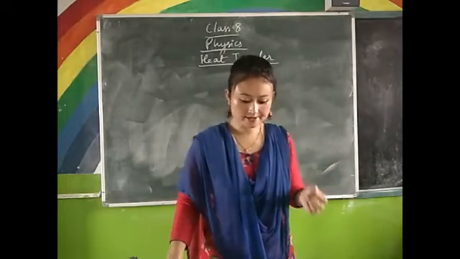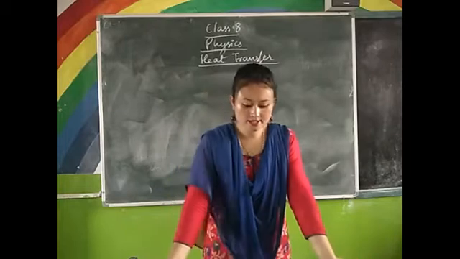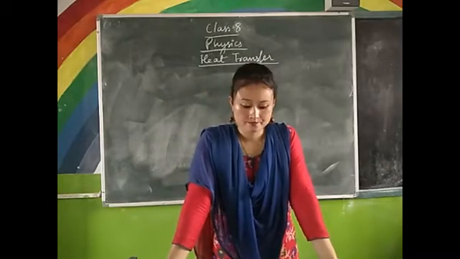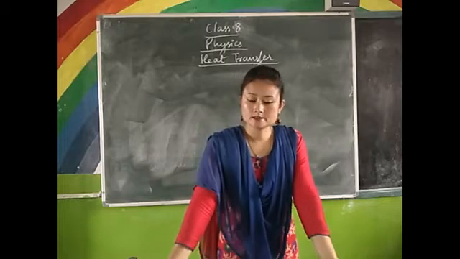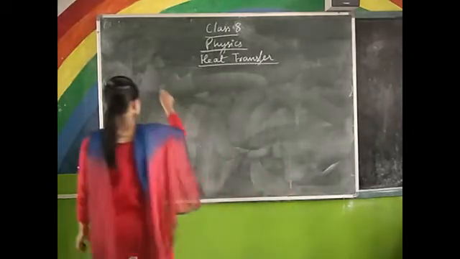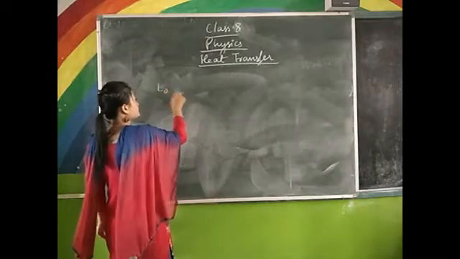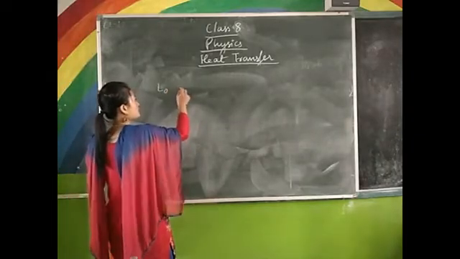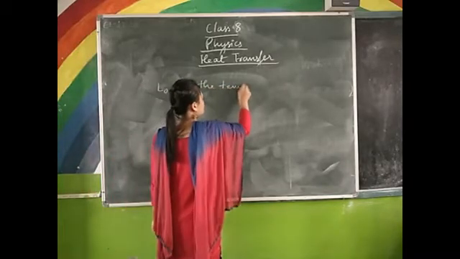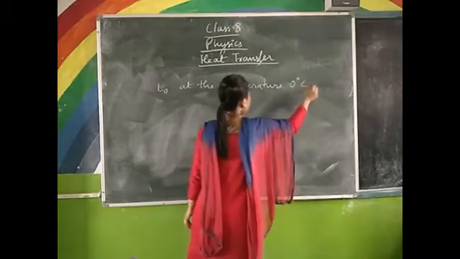Now another one is the mathematical expression to find the linear expansion. And for the mathematical expression, what do we have? Say L0 is the length of the rod at the temperature 0 degree Celsius.